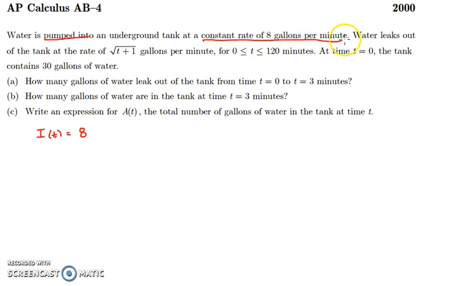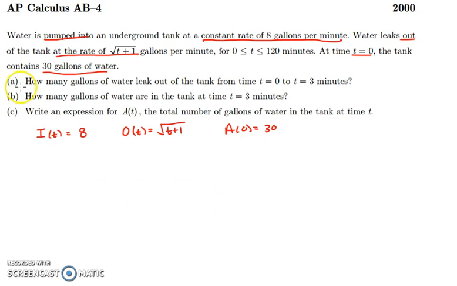Then if we keep reading on, water leaks out at the rate of radical t plus 1, so we know O of t is going to be the square root of t plus 1. And at time t equals 0, 30 gallons of water are in the tank, so A of 0, our initial value, is equal to 30.